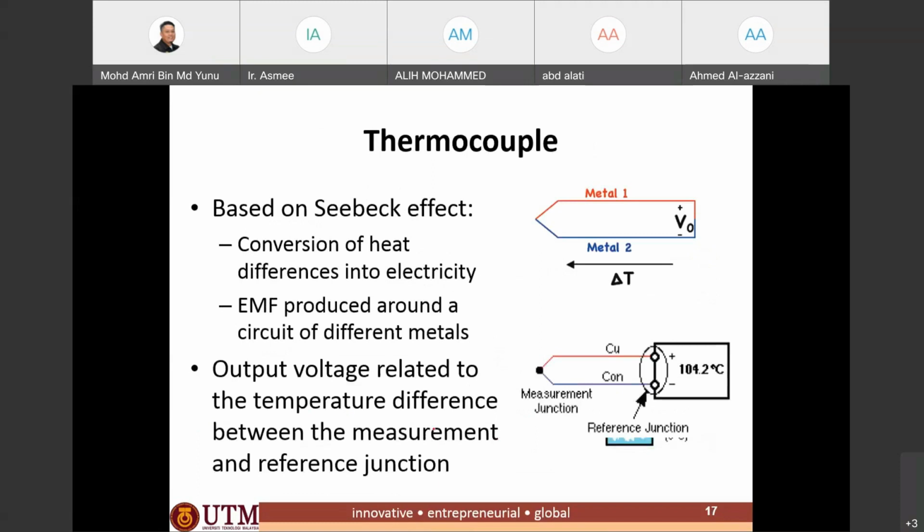So basically, based on the Seebeck effect, heat difference can be converted into electricity.